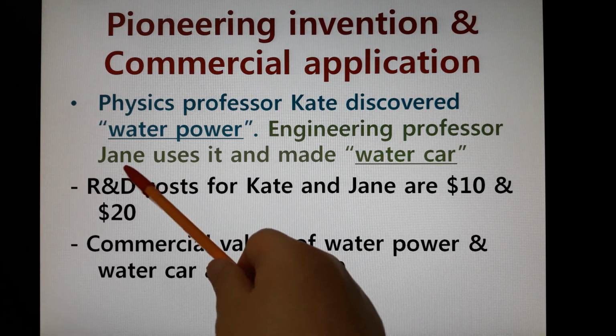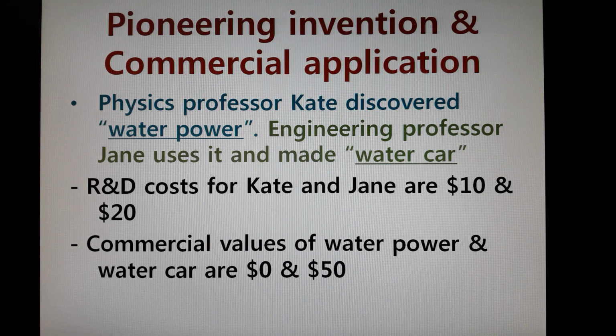If Jane has to find Kate and encourage her to do the research on water power theory, Kate hasn't done it yet. So how can you find a physics professor out of tens of thousands of physics professors who can do this?